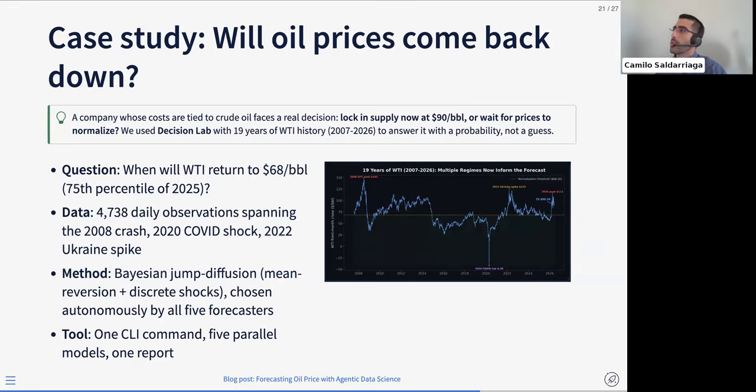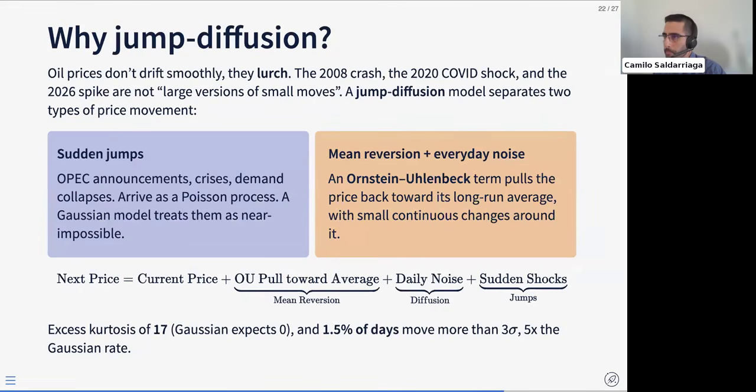So maybe we can continue with the next one. In this case, the 5 different agents analyzed the universe of models that they could use to address this kind of problem. And they concluded that the best option was to use what we call in finance a traditional jump diffusion model, which is a very well-known tool that allows us to model data patterns that have noisy oscillations, but also very strong jumps, which is actually very characteristic of oil.